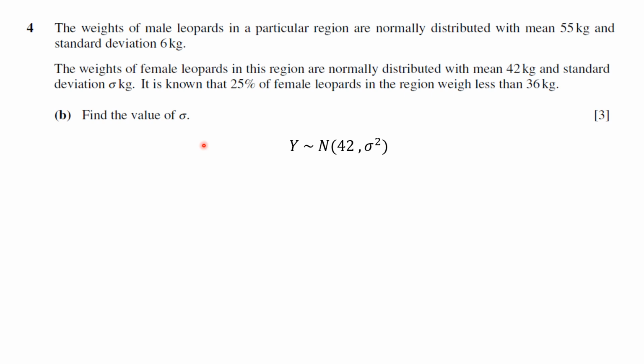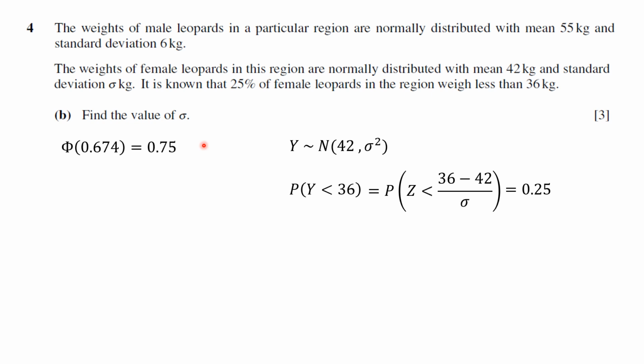So y will be normally distributed with the mean of 42 and a variance of sigma squared. Now what you need to find is the probability of y is less than 36. That will be equal to the probability of z is less than 36 minus 42 divided by sigma, and that's going to be equal to 0.25.